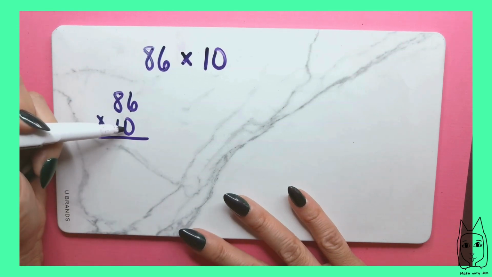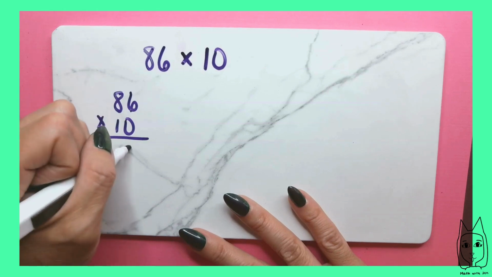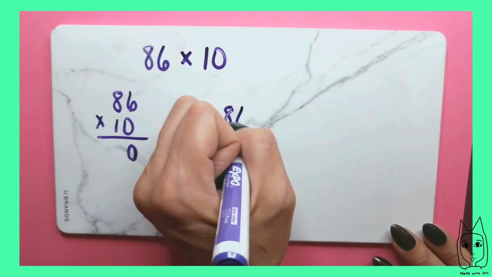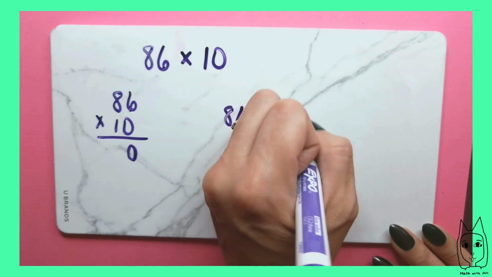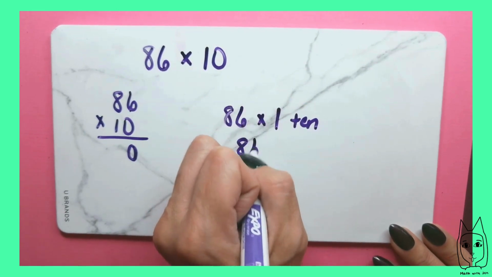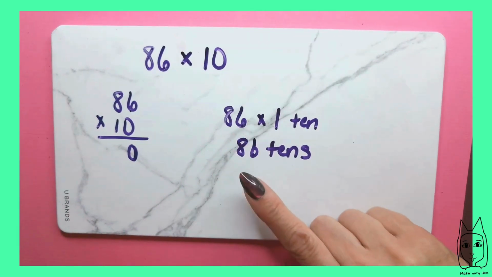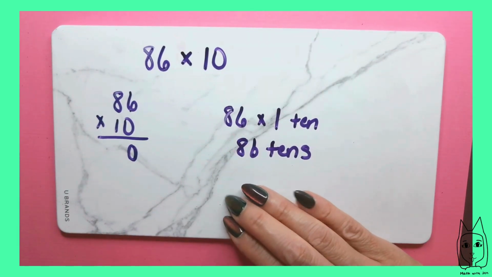Next example, we have 86 times 10. Again, 0 ones times 86 is still going to give me 0. 86 times 1 ten would give me 86 tens. And remember, one group of 10 tens makes 100.